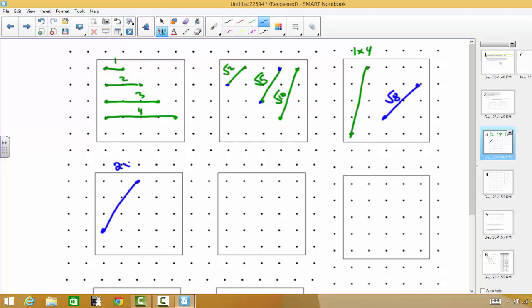But we could also draw a 2 by 3. That's a 2 by 3. And we could also draw a 2 by 4. 2 spaces by 4 spaces. And then the 3 by 1 is right here. And the 3 by 2 is the same as a 2 by 3. So we can draw a 3 by 3.